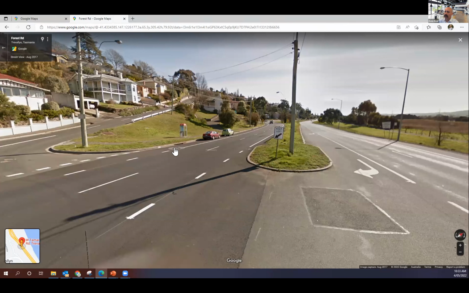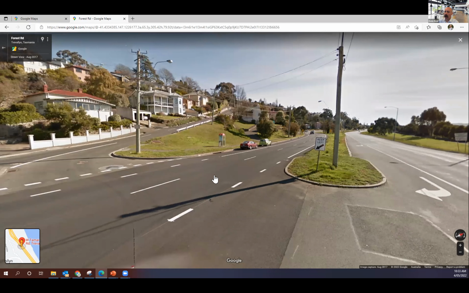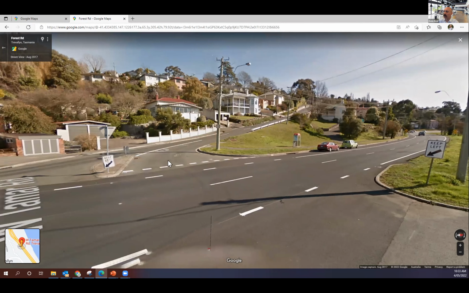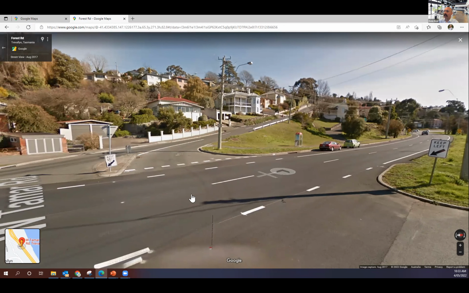So you're seeing severity really influenced by that speed, rigidity of objects that will be struck when you leave the road, vulnerability of road users, angles of crashes. The right angle is the one we're particularly focused on. The one coming out of here will be a little bit better.